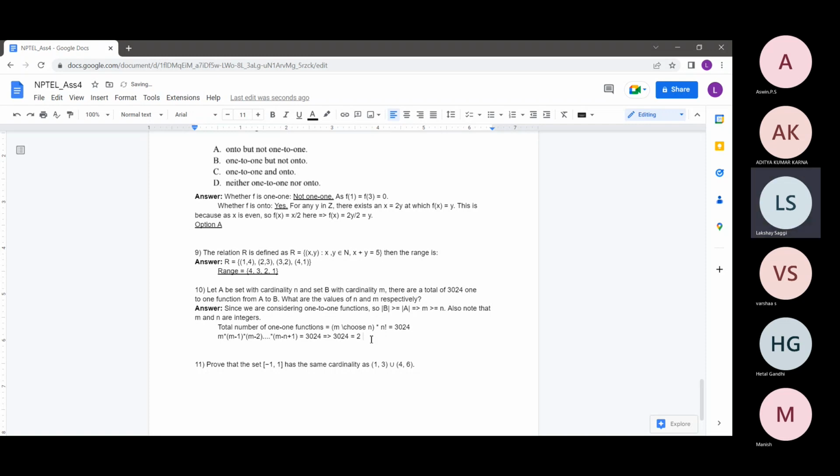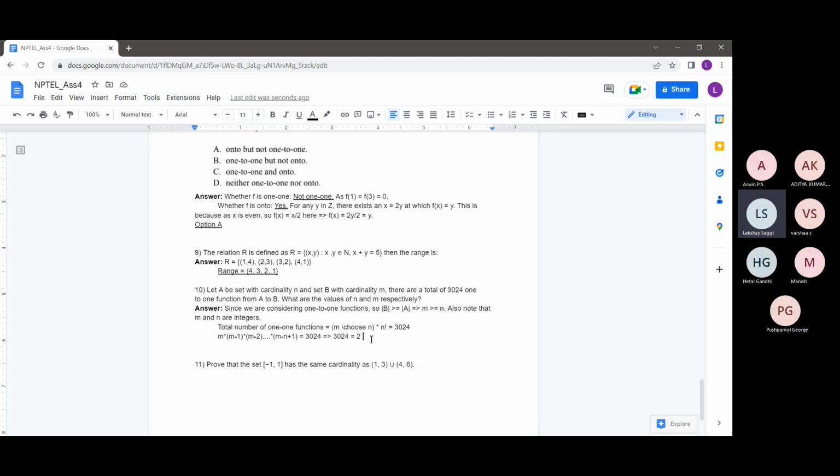So 3024 can be factorized into, let's say, maybe I'll just type out the factorization.